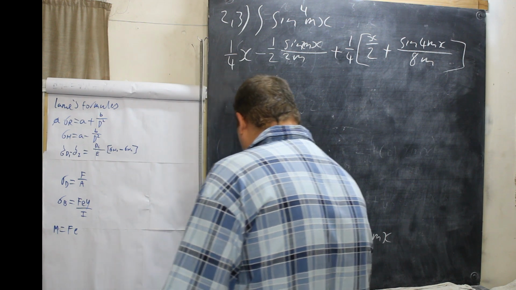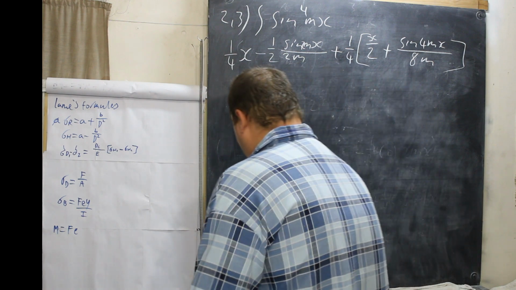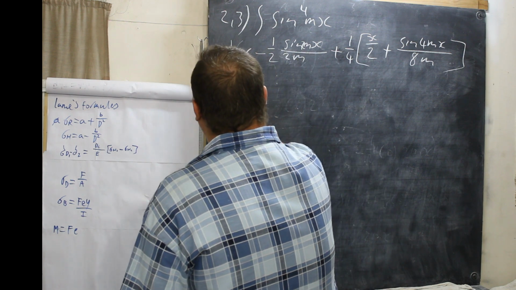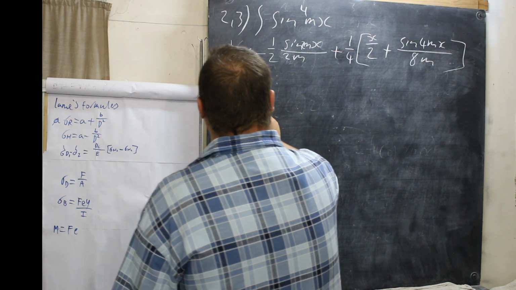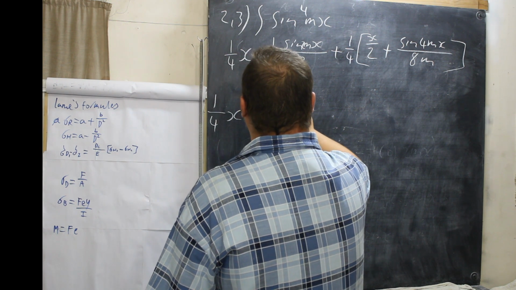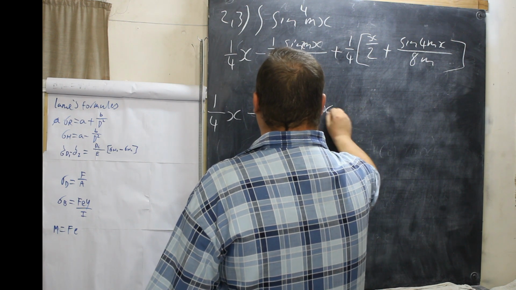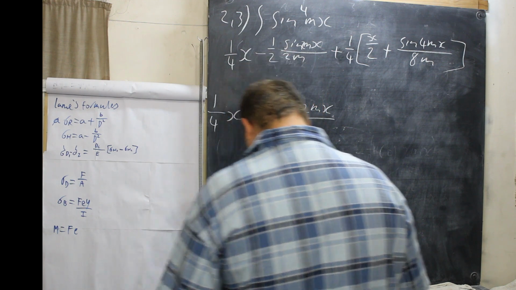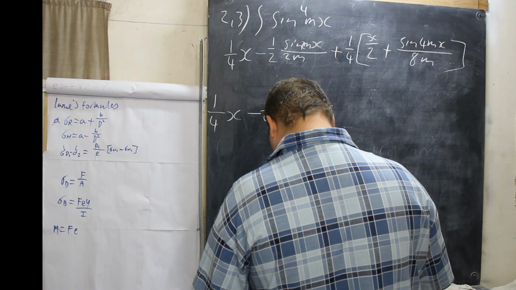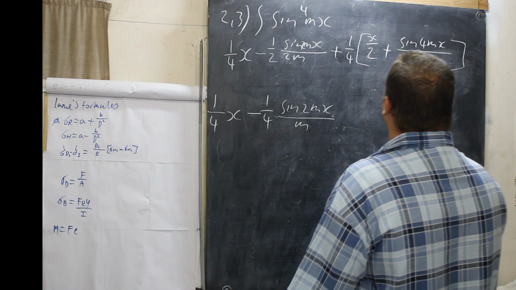Next and final step is we put everything together. So a quarter x minus a quarter sin(2mx) over m. Two times 4 is 8.